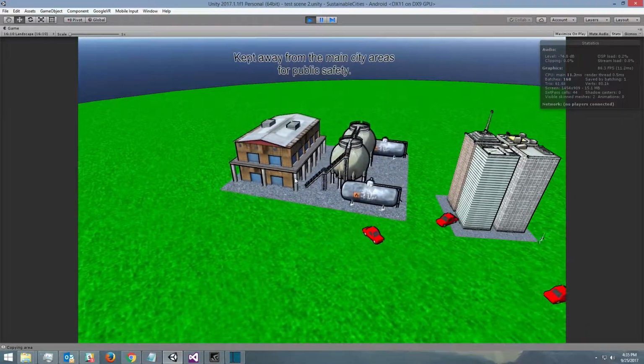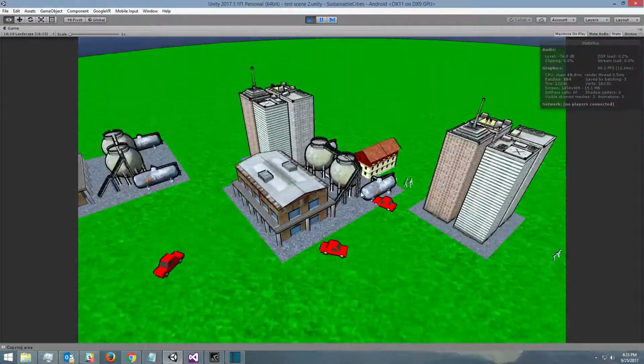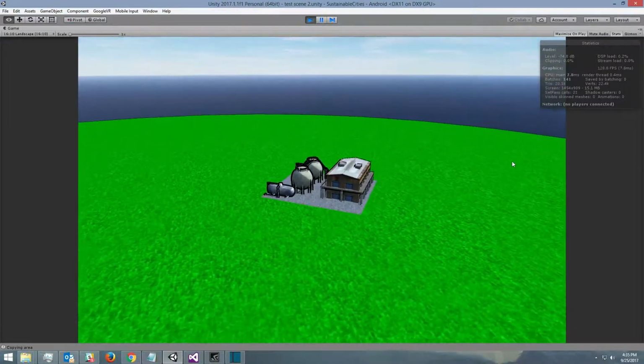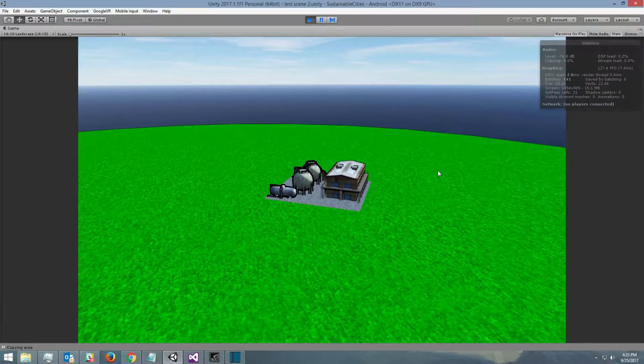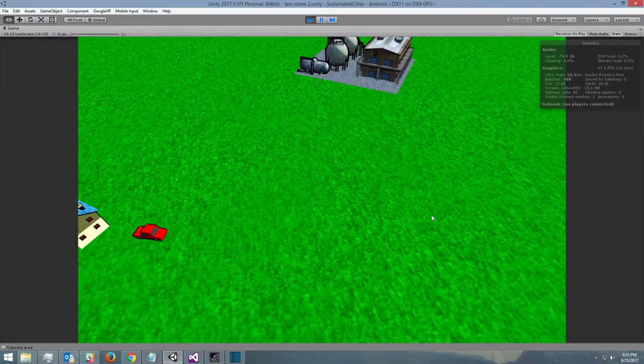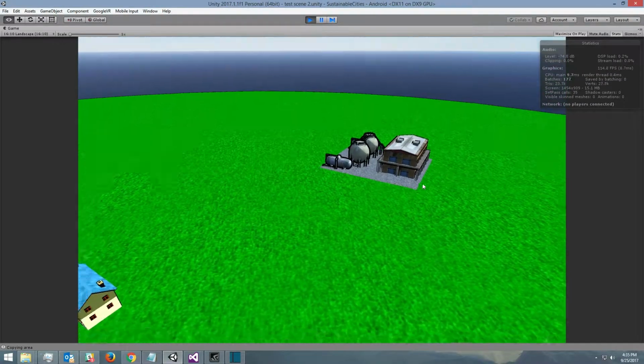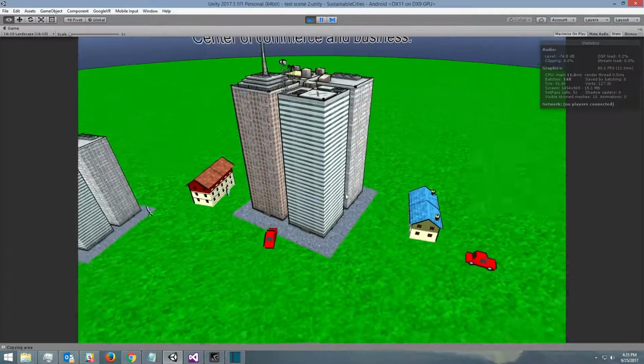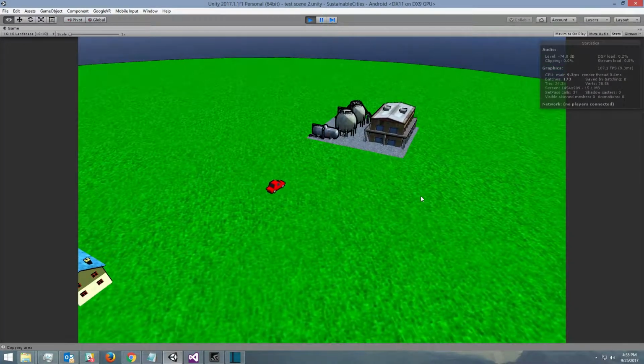And setting this up in a way like this, where it can naturally discover consequences of placements of these zones, I think is very beneficial for learning.